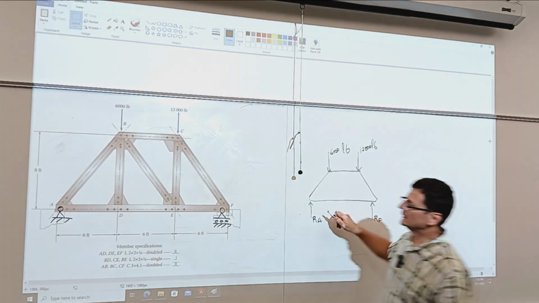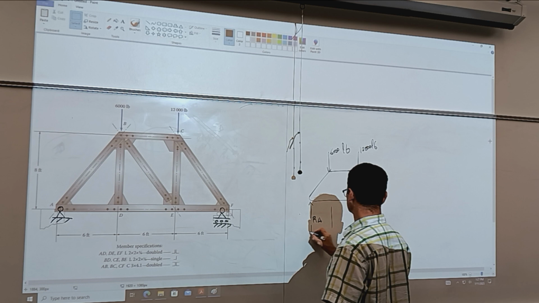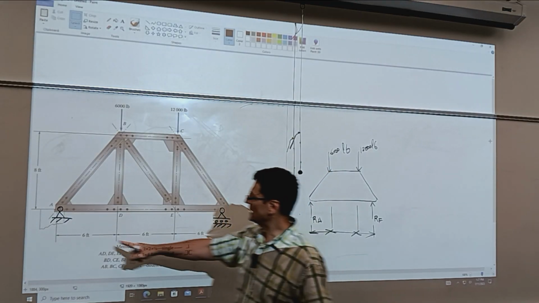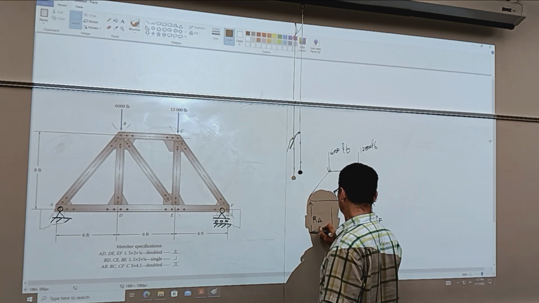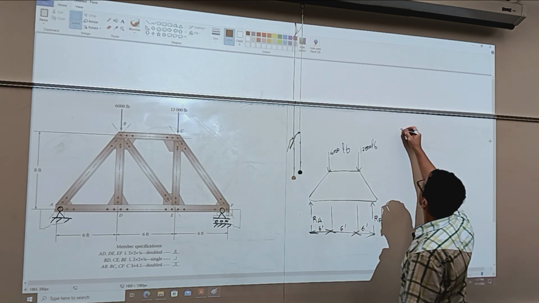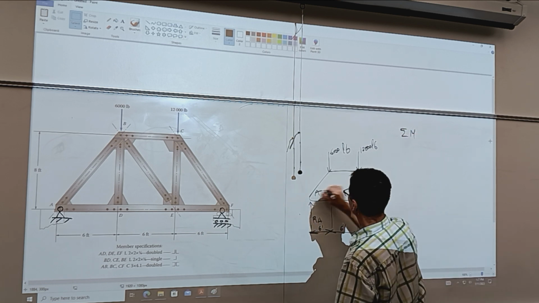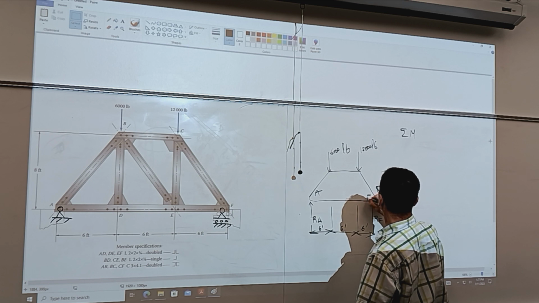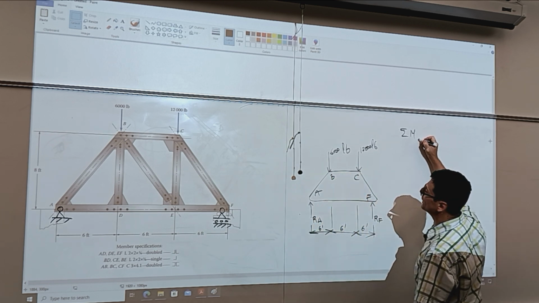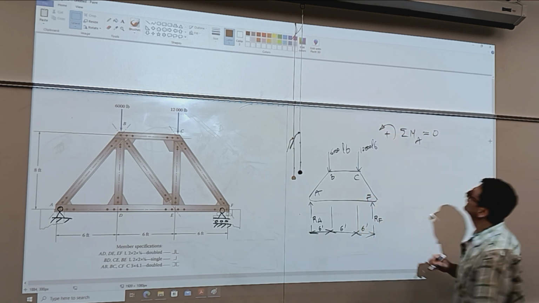So I need to calculate the reactions at the supports. I need to take 6, 6, 6. Okay, and we sum moments about, this is A, this is F, this is B and C. So we sum moments about A, and we have equilibrium, again, positive counterclockwise.